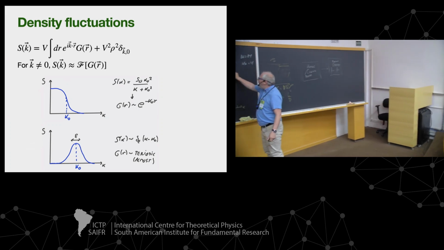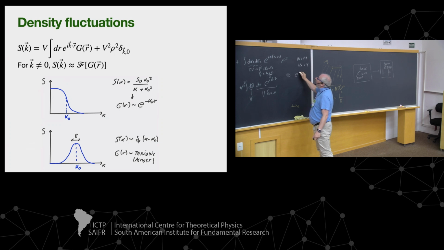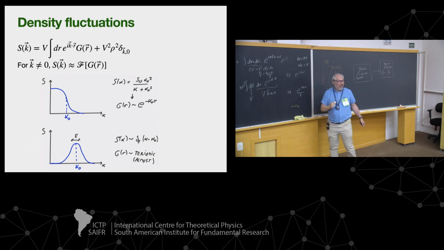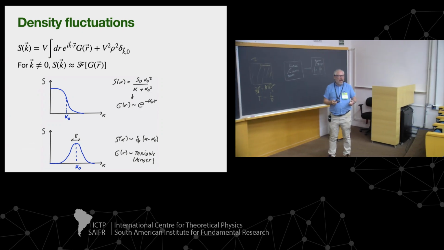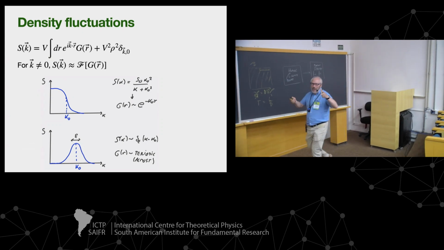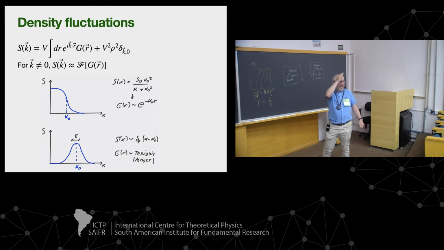In 1D, it's simply e to the minus k0 r. In 3D, it is that. And in 2D, it is the Bessel function of k0, the Bessel function that is not oscillating, the one that is exponential.